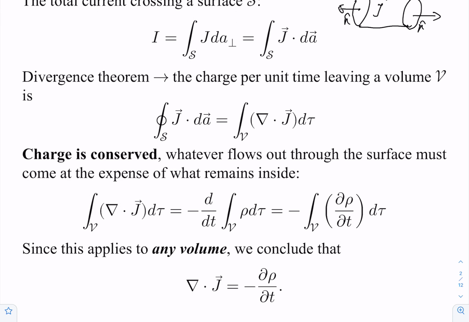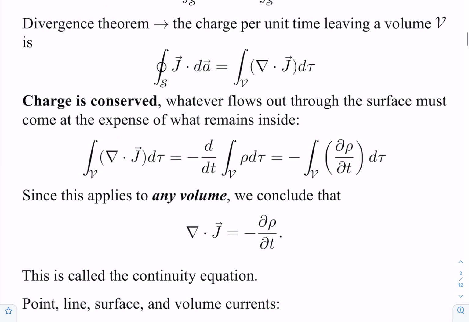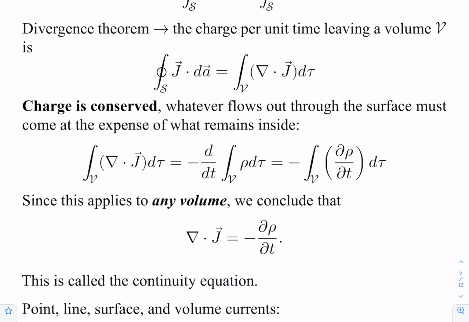This means that the change of the charge is related to the divergence of the current. So you can imagine that in the case where the charge is not changing, then the divergence of the current must be 0. That is one of the requirements of the electromagnetic static case.